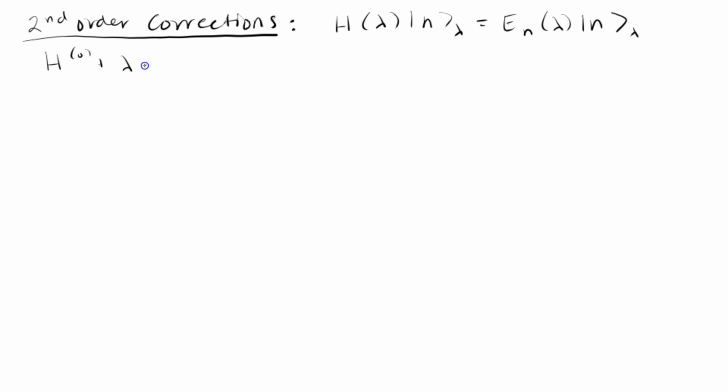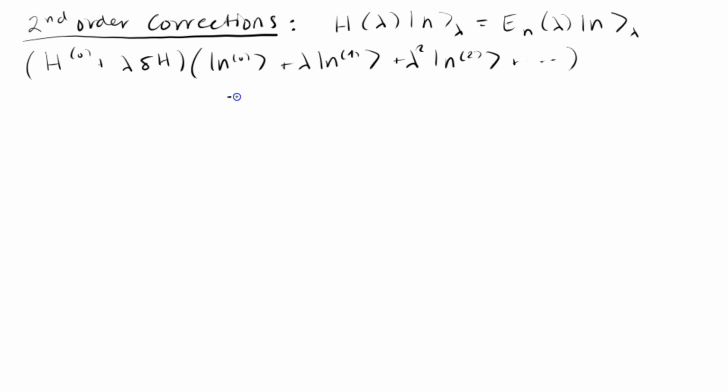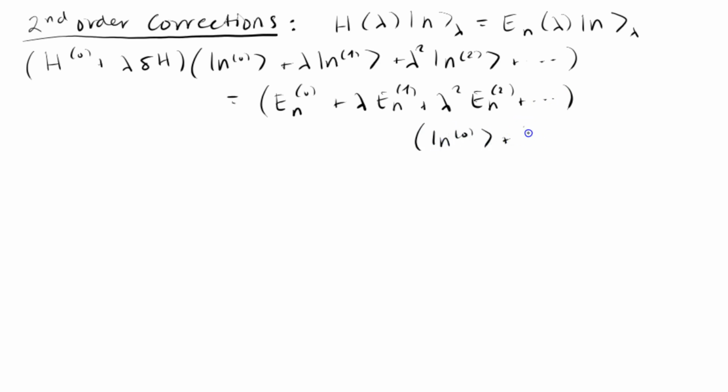(H0 plus lambda delta H) times (n0 plus lambda n1 plus lambda squared n2 plus dot dot dot) equals (En0 plus lambda En1 plus lambda squared En2 plus dot dot dot) times (N0 plus lambda N1 plus lambda squared N2 plus dot dot dot).